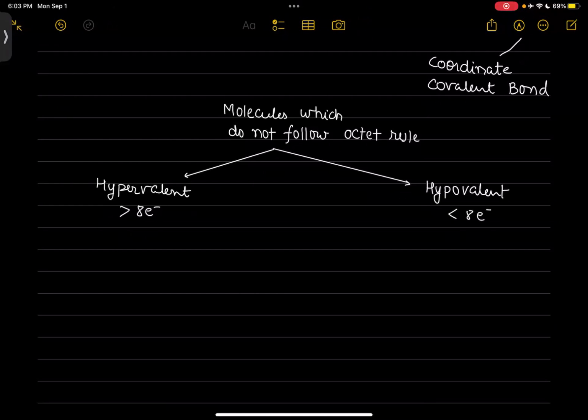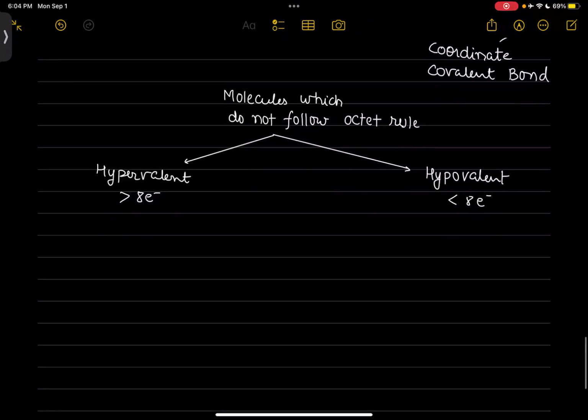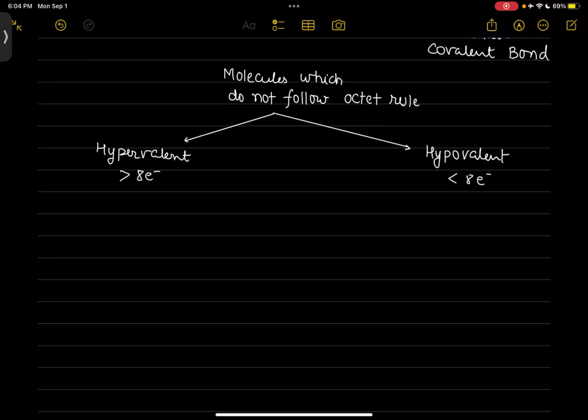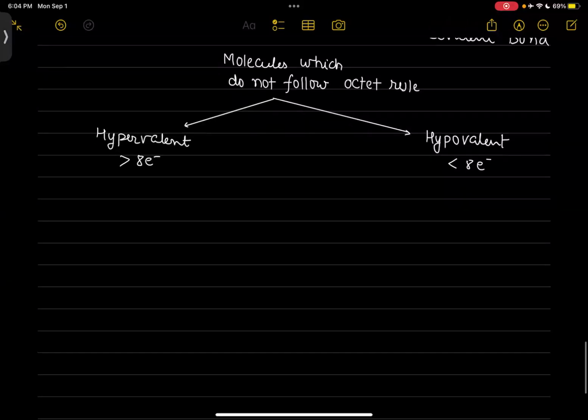Hypervalent and hypovalent. Can you give me examples of hypervalent molecules which carry more than 8 electrons?